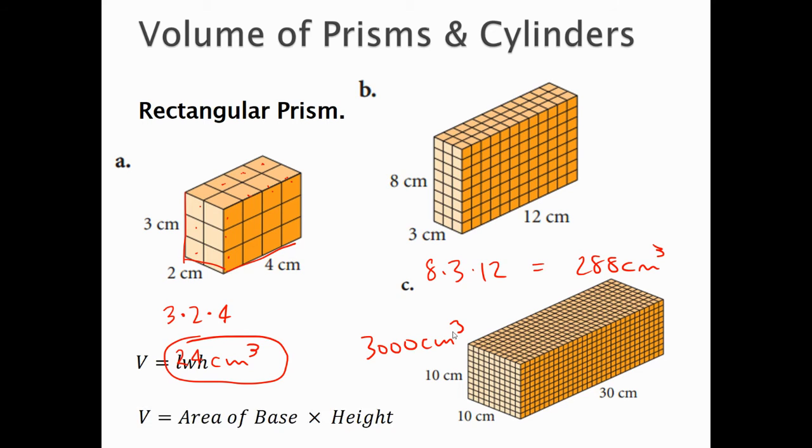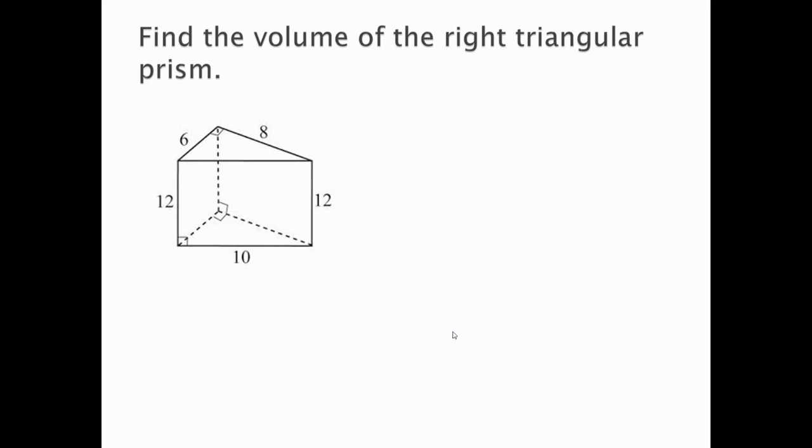Okay, on to the volume of a right triangular prism. So this one, a little bit trickier to think about. If we find the area of this triangle, which would be pretty easy at this point, base times height divided by 2 is 24. Now, if we start stacking these triangles on top of each other, we would fill out this entire shape.